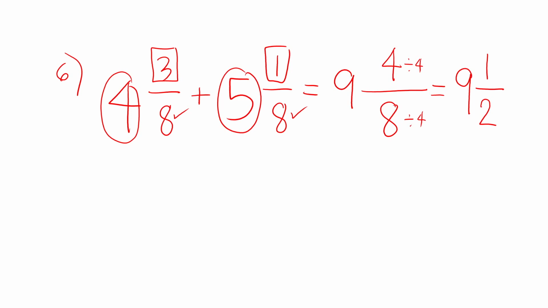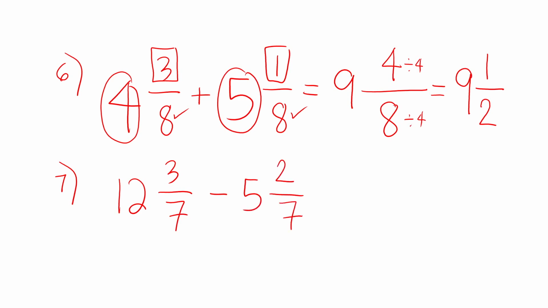What about example number 7? What if I'm having 12 and 3 over 7 minus 5 and 2 over 7? Let's do subtraction.